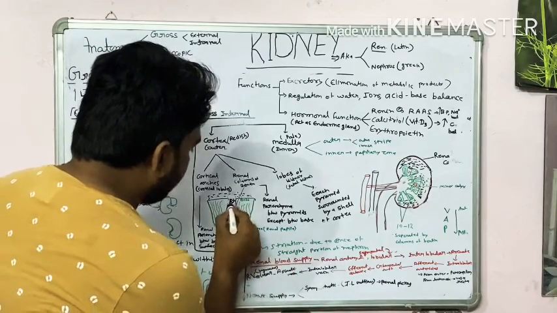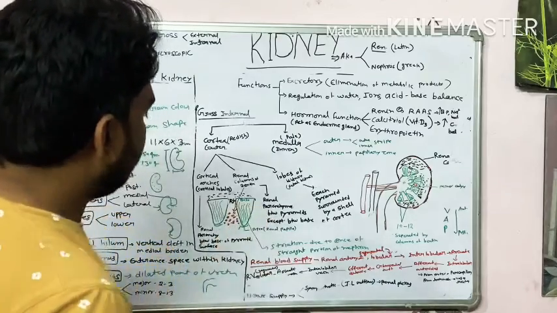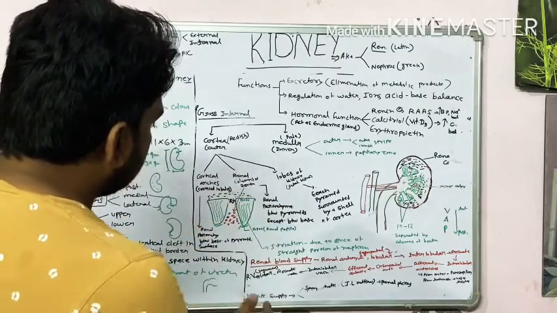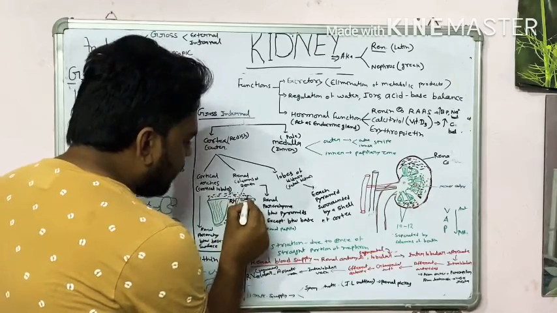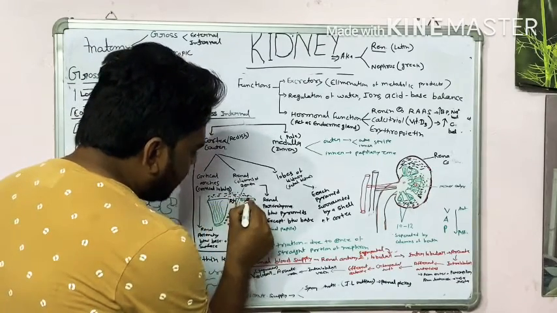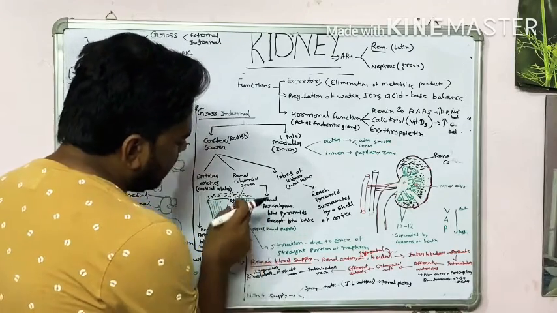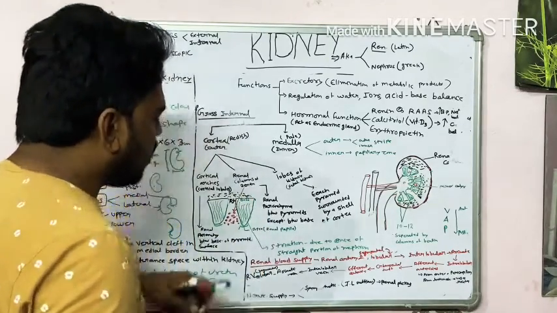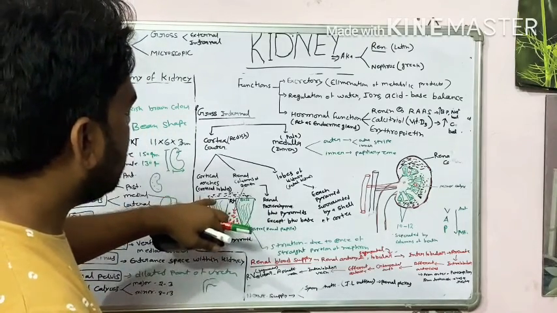The parenchyma on the base of the renal pyramid, in the upper part of the pyramid, is known as cortical arches.